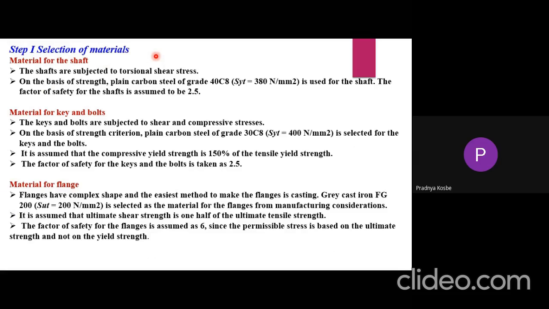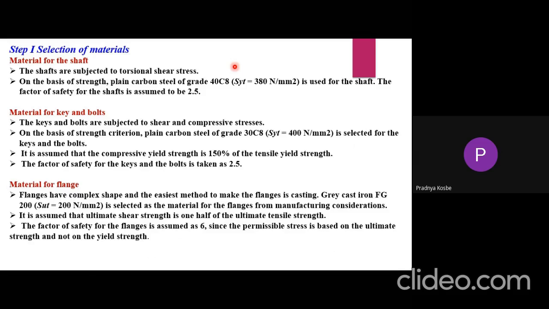As we have seen, flange coupling consists of shafts, key, bolts, and flange. So first we will see material for the shaft. As shafts are rotating elements, they will be subjected to torsional shear stress.